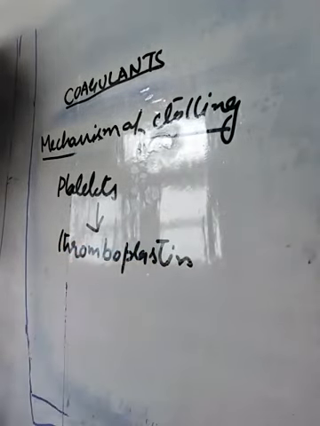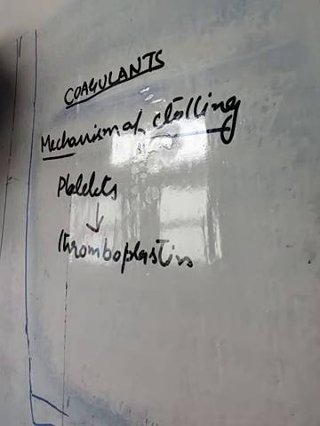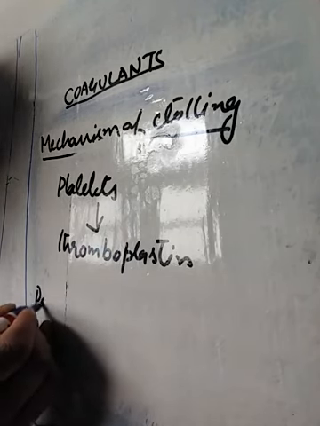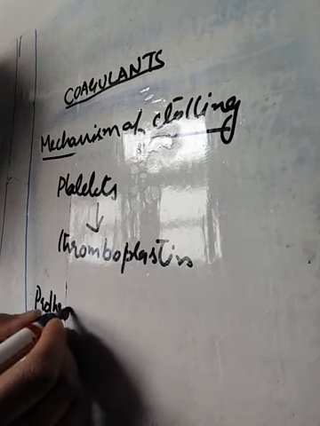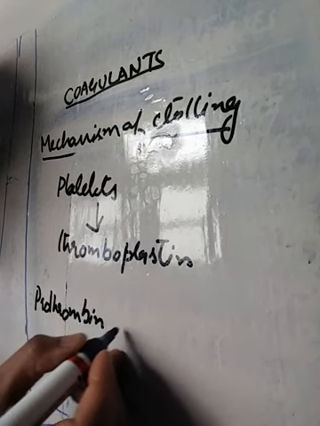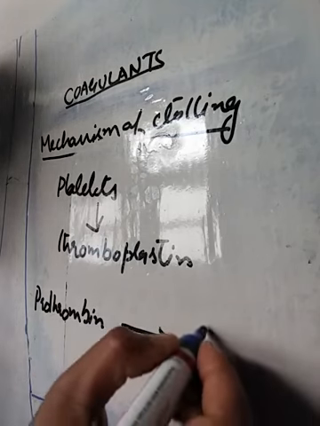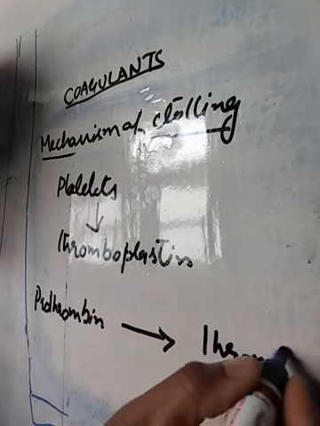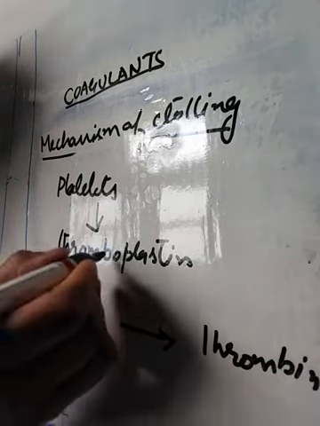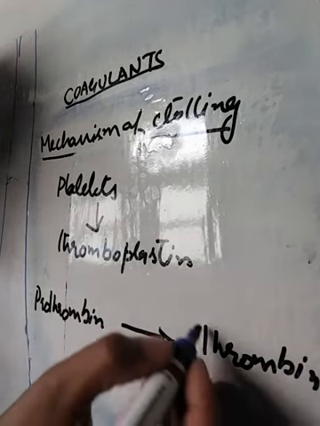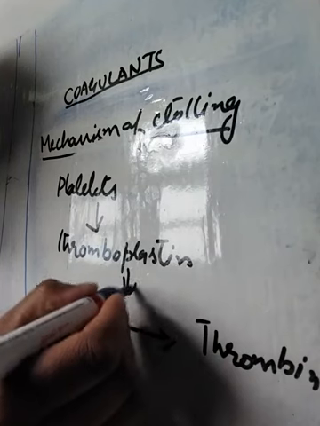This thromboplastin converts the prothrombin into thrombin. Thromboplastin converts prothrombin into thrombin in presence of calcium.